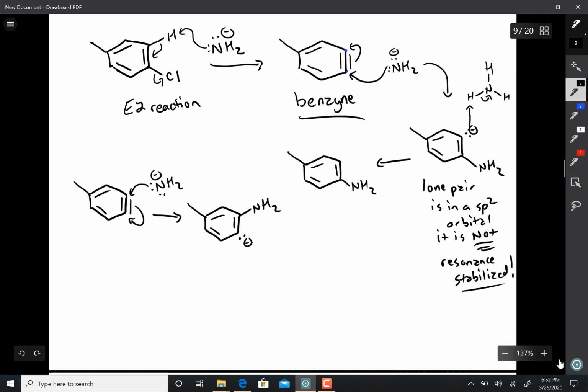And the resulting carbanion deprotonates, and that gives you the second product.